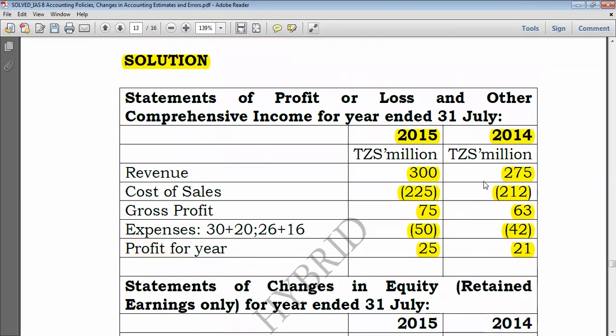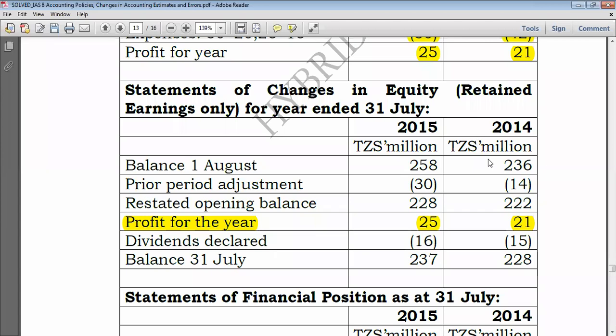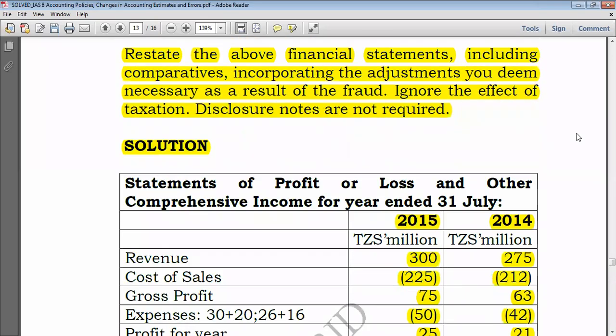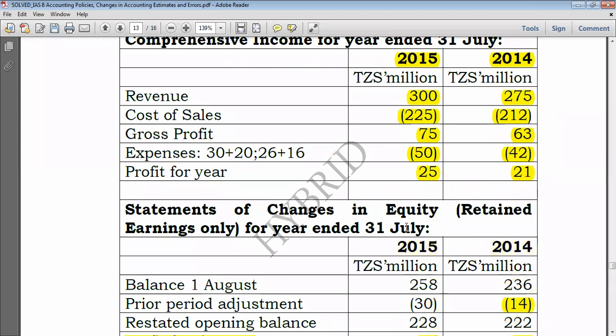Here, this is 2014. You would come and subtract this 14 million here, right? Yes. And then let's go for 2015. 2015, what would we have done? You know what? The year ending 31st July 2014 starts at 1st August 2013, right?